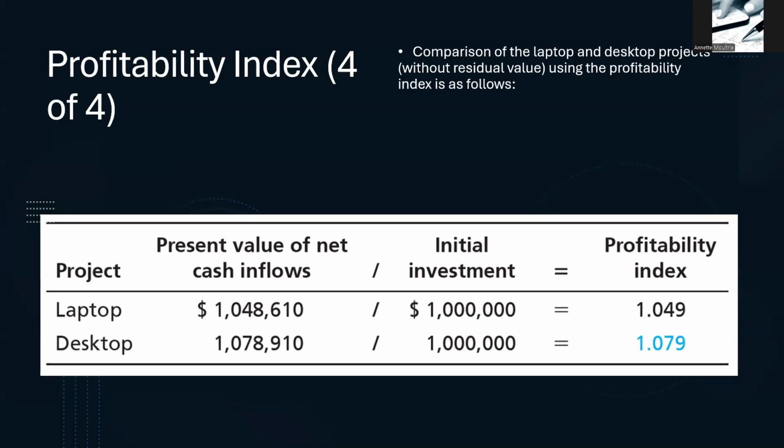So let's also compute the profitability index for Smart Touch Learning's laptop and desktop projects using that first scenario. The profitability index confirms our prior conclusion that the desktop project is more profitable than the laptop project. The desktop project returns 1.079 as compared to the laptop of 1.049.